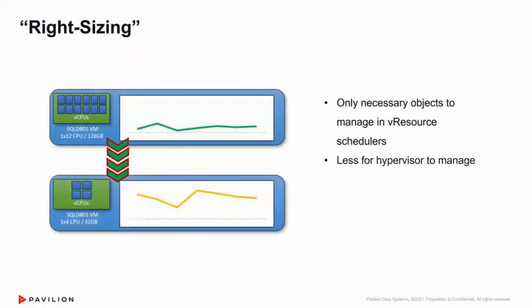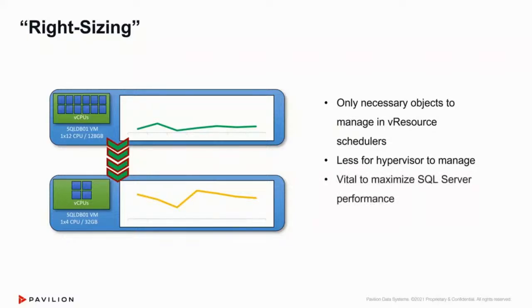So what do I mean by this? If we've got a 12-core, 128 gig RAM SQL Server, and quite frankly, this thing is just hanging out 5, 10, 15% busy, drop the core count. If you don't need all that memory, drop the memory itself. You can maintain performance and give it what it needs with a decent amount of headroom, of course, but you don't have to go crazy.